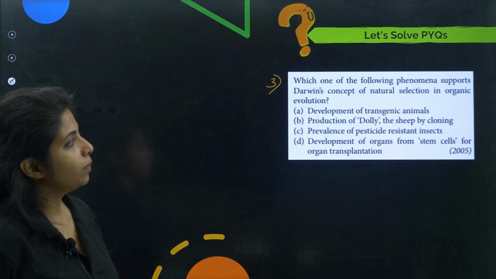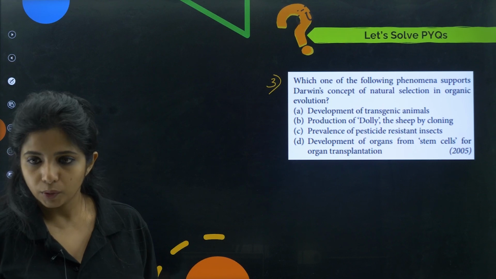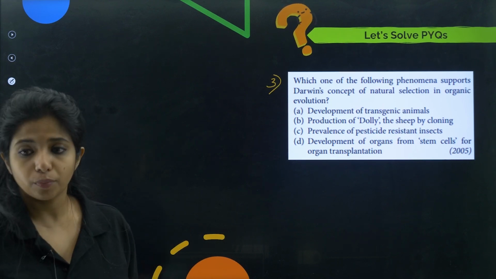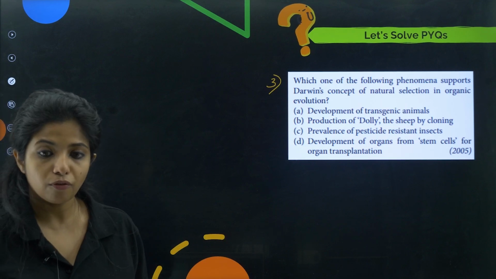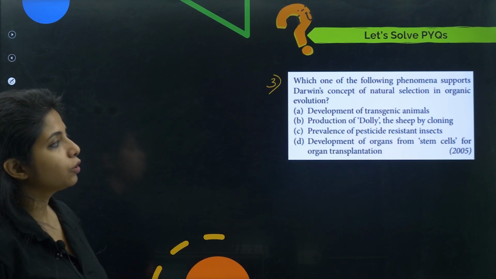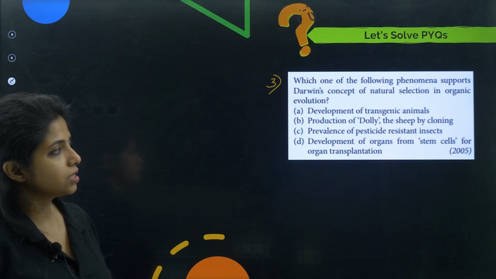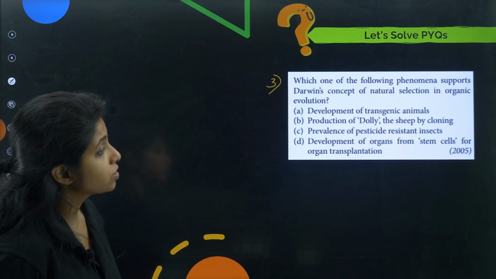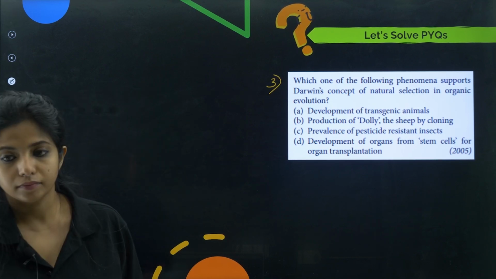Third thing, which one of the following phenomena supports Darwin's concept of natural selection in organic evolution? You're asked about supporting. Which one supports? Development of transgenic animals. Transgenic animals are formed in the laboratory condition. Production of Dolly the sheep by cloning, again something that has human requirement. Prevalence of pesticide resistant insects. Development of organs from stem cells for organ transplantation.